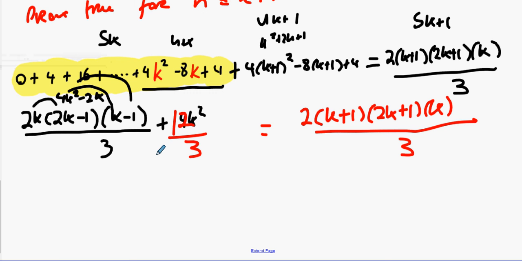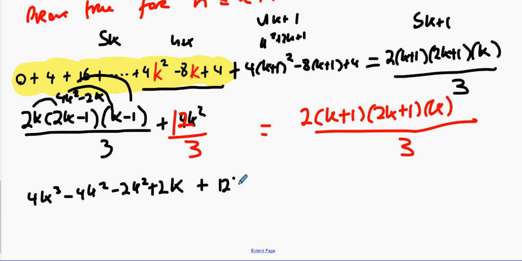Okay, so we get 4k cubed minus 4k squared minus 2k squared plus 2k, and then plus your 12k squared. Now they all have a common denominator of 3, so I can deal with that.